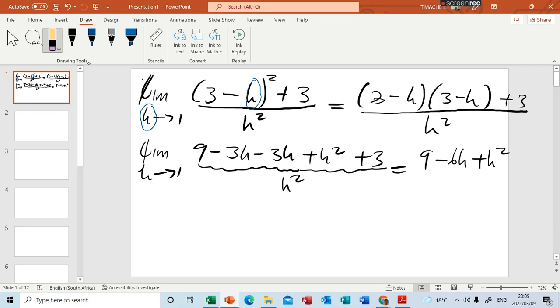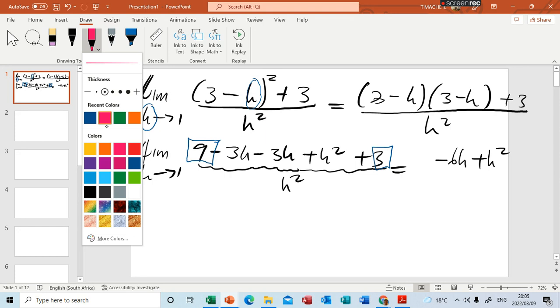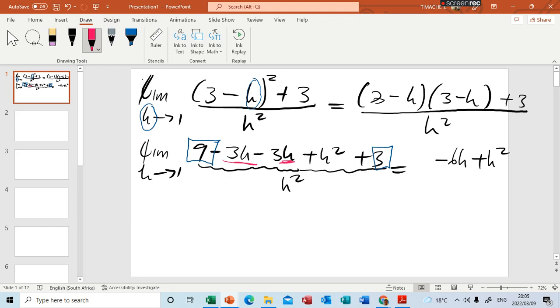In fact, there was no need for me to write 9. You see the like terms are this one and this one. You add them. So instead of writing 9, you're going to write 12, and then minus 3 minus 3, you're going to get minus 6. Then you divide everything by h squared.